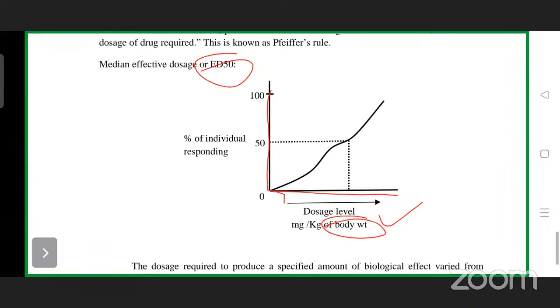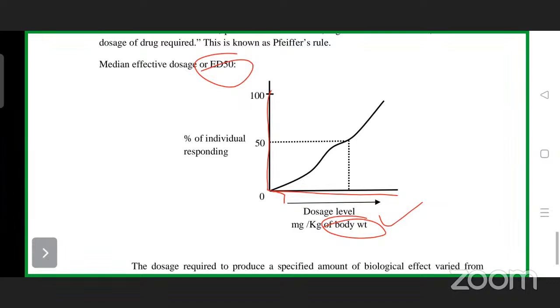What are the things you will keep in your mind when you are deciding the dosage? All the factors you should keep in your mind while you are prescribing your dosage, fixing the dosage.